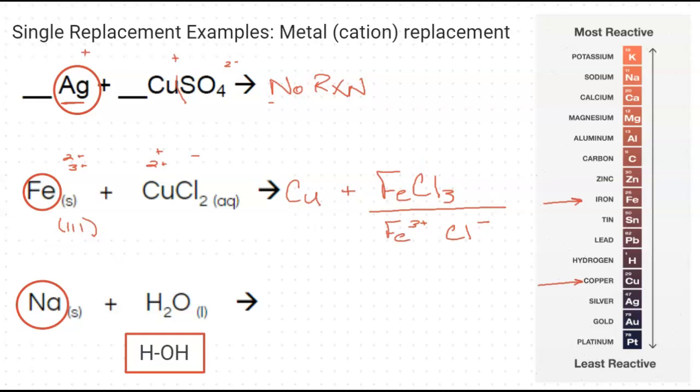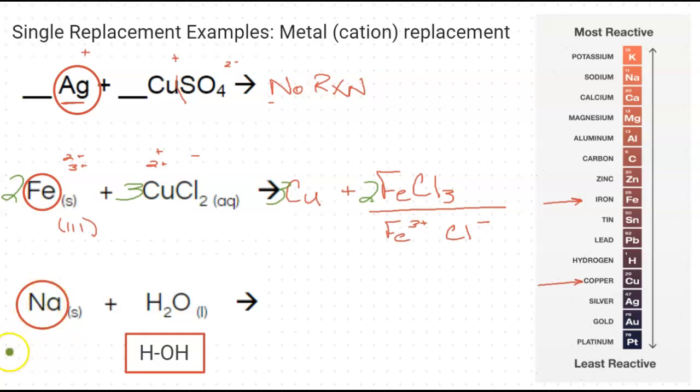If I went back and balanced, I would need a 2 in front, and I would need a 3 here and a 3 here. That would give me 2 irons on each side, 3 coppers on each side, and 6 chlorines on each side. For now, you'll simply focus your attention on completing the reaction, and we'll add in balancing a bit later.